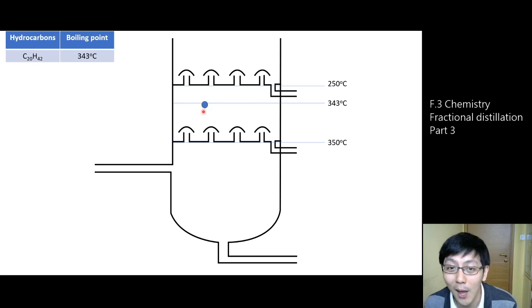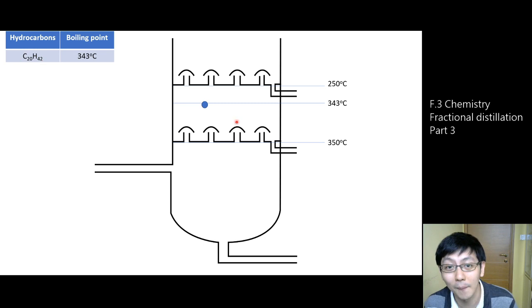However, when it drops downwards, the temperature may be higher than 343 degrees Celsius. 呢個位置343度啫，佢變做 liquid 向下滴，喂，下邊可能344度嘅咯喎。Maybe it's 344 degrees Celsius and it will vaporize again.